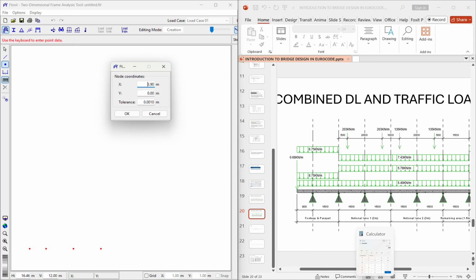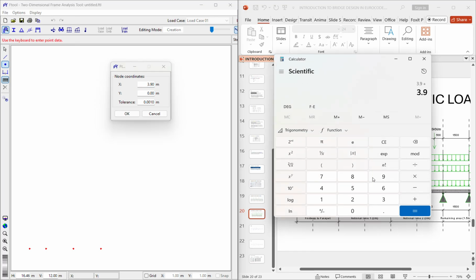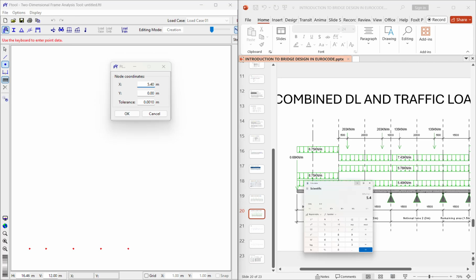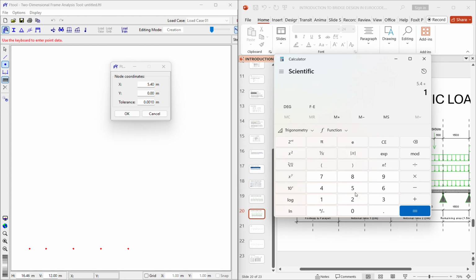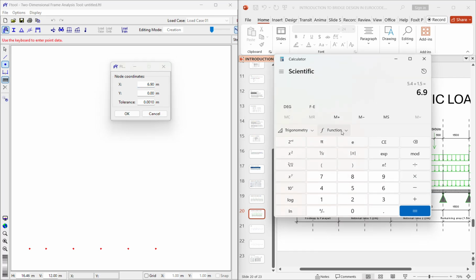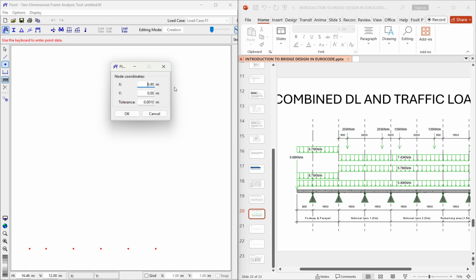The next load shall be at plus 1.5, 5.4. Okay, the next load shall be at plus 1.5, 6.9. Okay, the next loading shall be at 8.4.